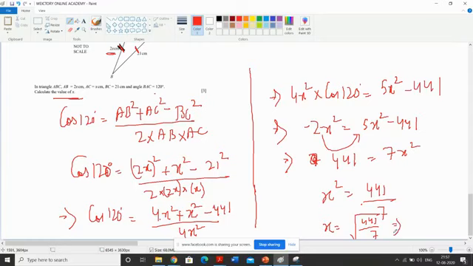You can use the calculator to find that, and it is 7.939372, but the final answer will be 7.94 centimeter. That's the value of x.